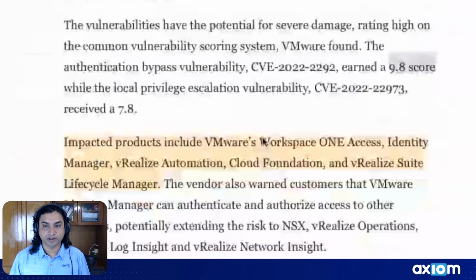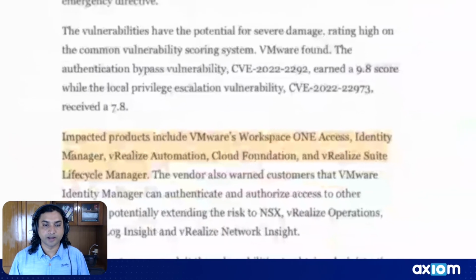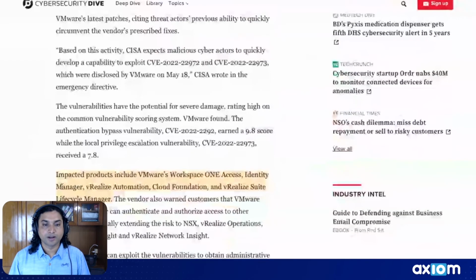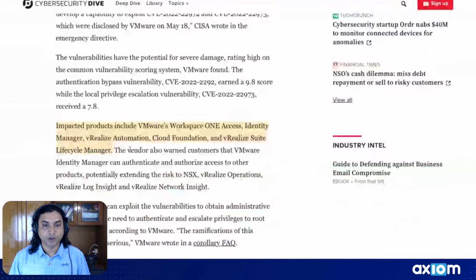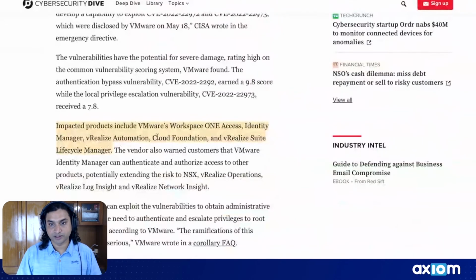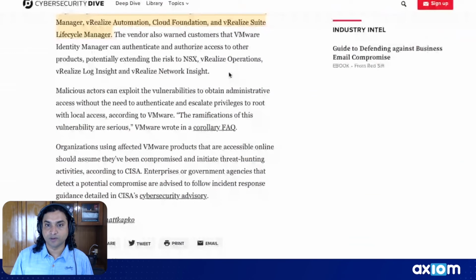They have a 9.8 score, which is very, very high, and 7.8, which is high. The products that are impacted in VMware are Workspace ONE Access, Identity Manager, vRealize Automation, Cloud Foundation, and vRealize Suite Lifecycle Manager. Any of you using any of these products, you should patch these vulnerabilities as soon as VMware releases them. VMware only disclosed them on May 18th. I couldn't find much information on the patch side of things, but this news clip is a wall clip as well.